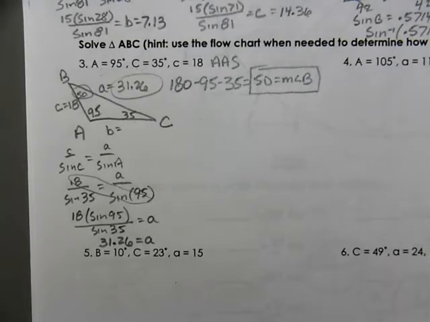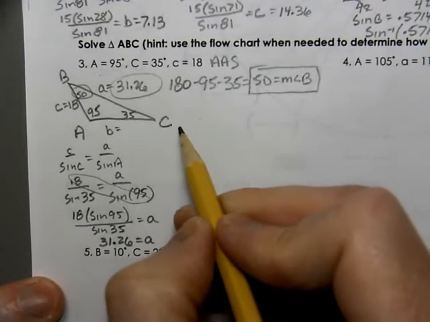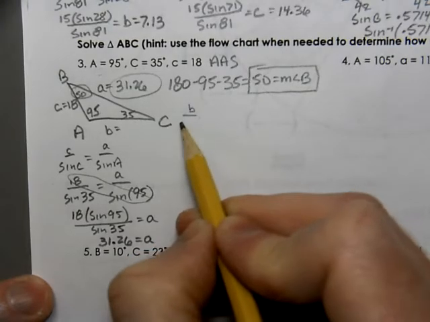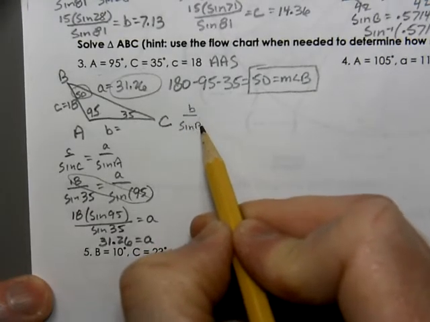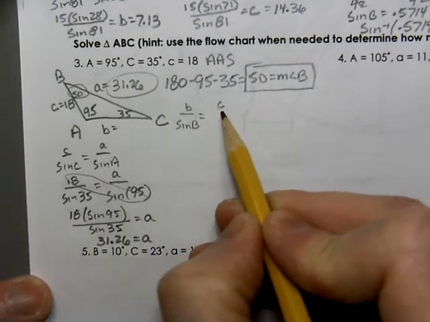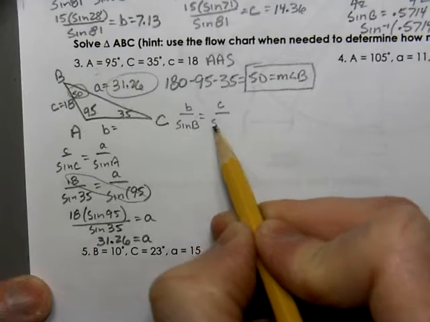So now we need to find side B. Side B, of course, we're going to use the ratio with B. And then we'll use the ratio of the numbers that they give us.